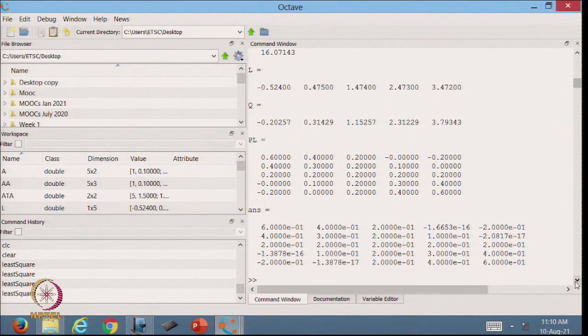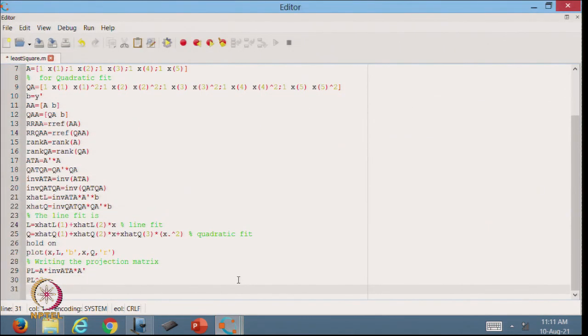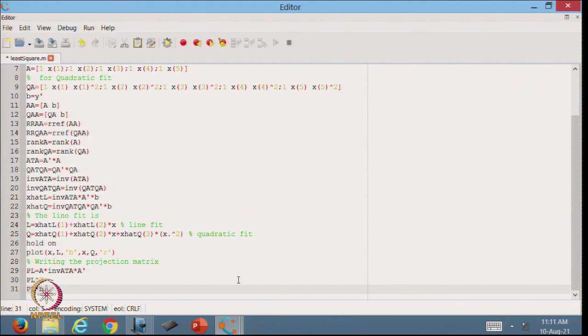So this is basically the projection matrix, and now I can even check from here that PL star B will be my B hat basically.